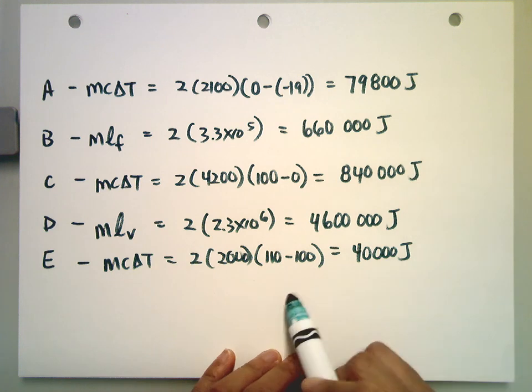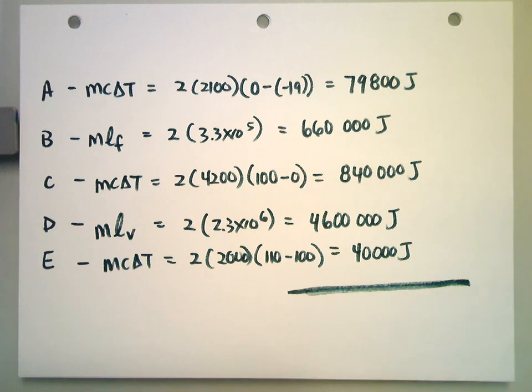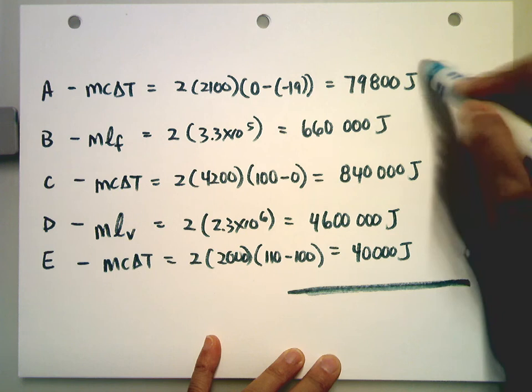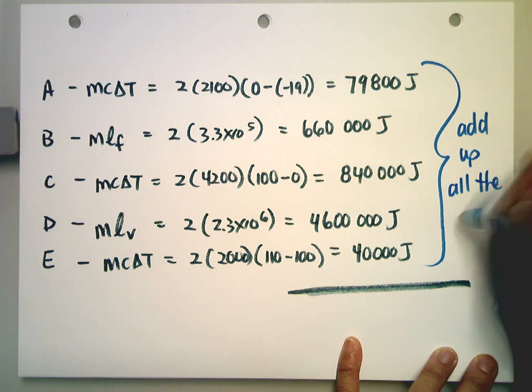Whoa, you're going to add all these up. All right. I'm going to switch markers because my other marker is running out of juice. Okay, so here we're going to add up all the energies.